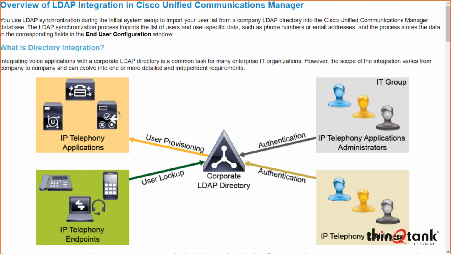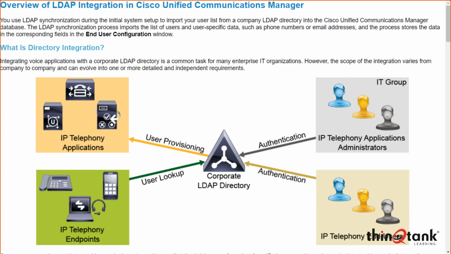Other LDAP attributes include things like telephone number, email address, manager information, and a whole bunch of different elements as well. Especially when we start to configure the filtering, you have to understand the basic structure, which is why I'm talking about it now.